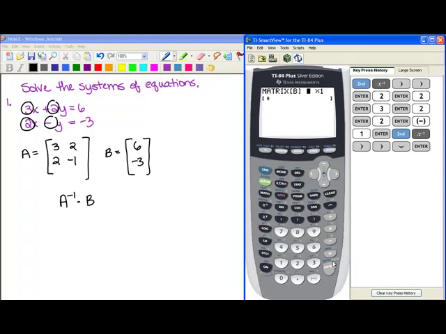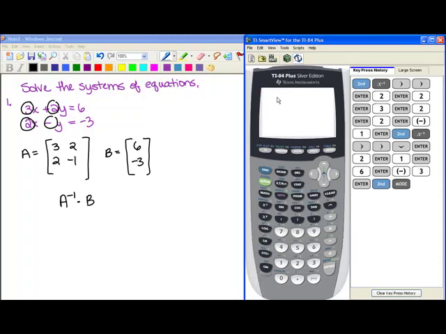Matrix B is a 2 by 1 matrix, 2 rows and 1 column. So enter that in at the top, and then enter in 6 and -3. So here is matrix B stored in the calculator. Now we need to get back to the home screen, so press second, mode, to quit.